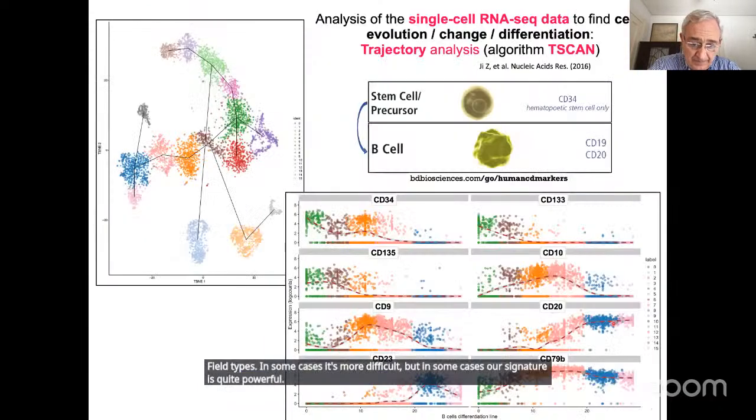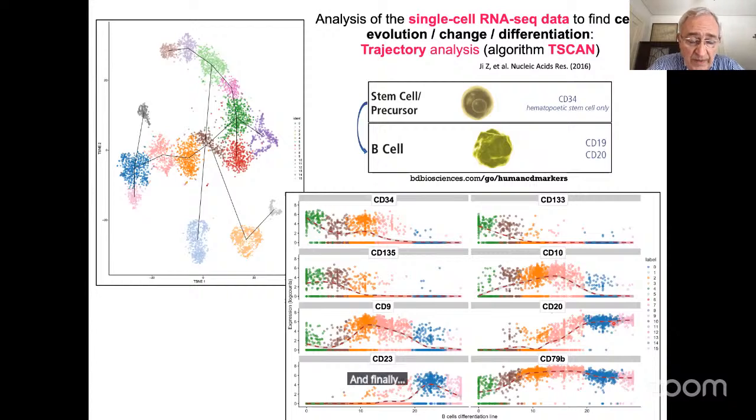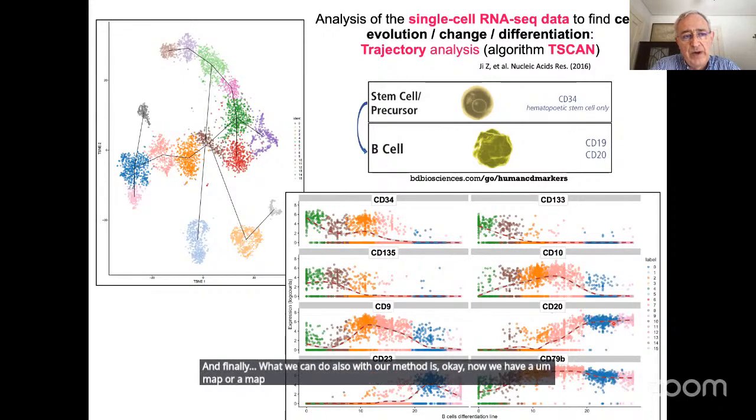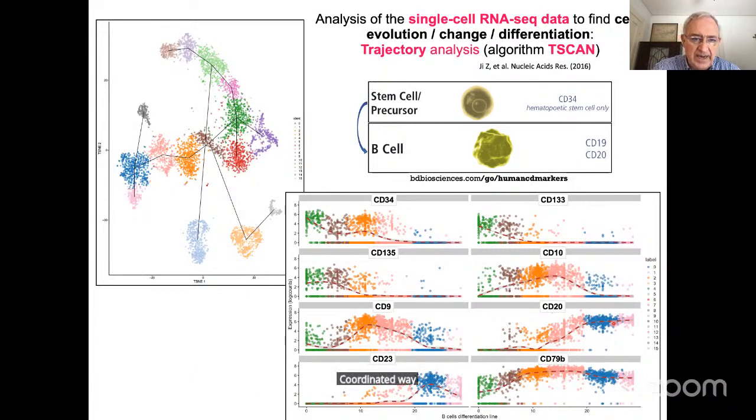And finally, what we can do also with our method is, okay, now we have a UMAP or a map of our cell population. Can we apply methods to identify trajectories based on the genes, where the genes move from one population to another in a coordinated way, to see if these trajectories reflect something in biology?